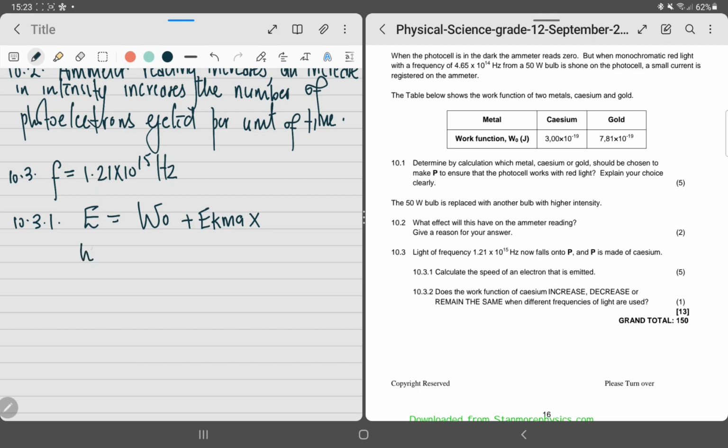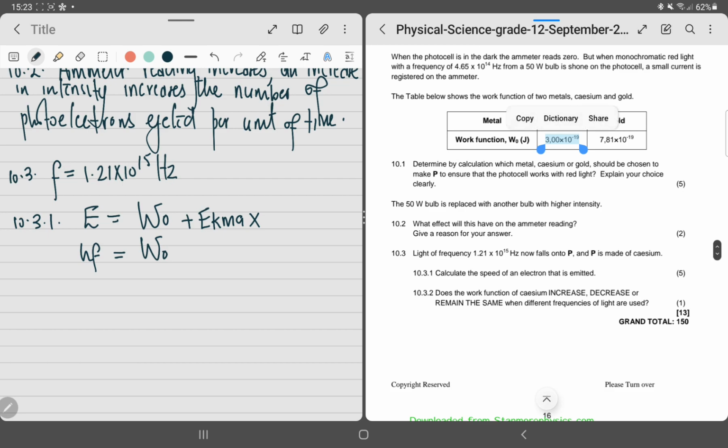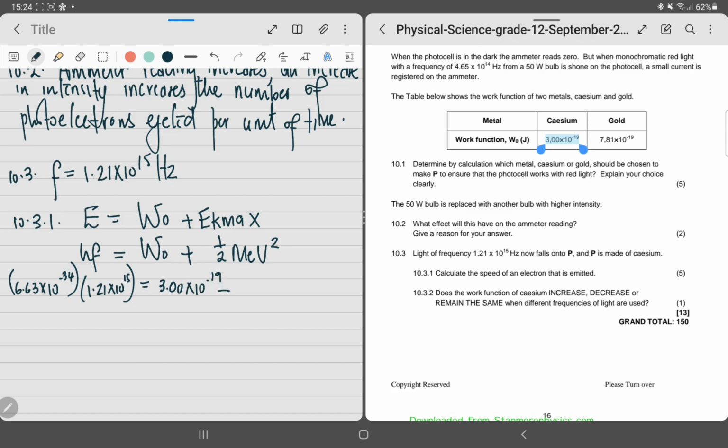We know that E is given by h multiplied by the frequency. This I'm not going to change because we are given the work function right there. Plus half the mass of the electron, v squared. So h is 6.63 times 10 negative 34, and the frequency is given as 1.21 times 10 to the exponent of 15. The work function is 3.00 times 10 negative 19 plus half the mass of electron, 9.11 times 10 negative 31 v squared.